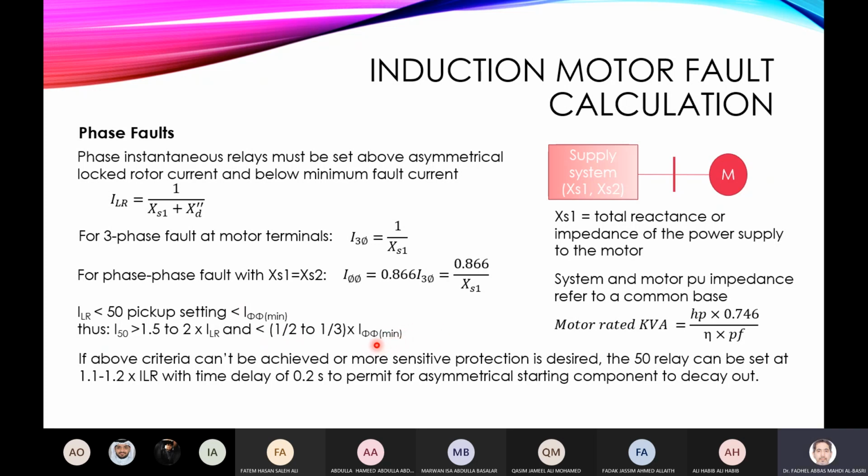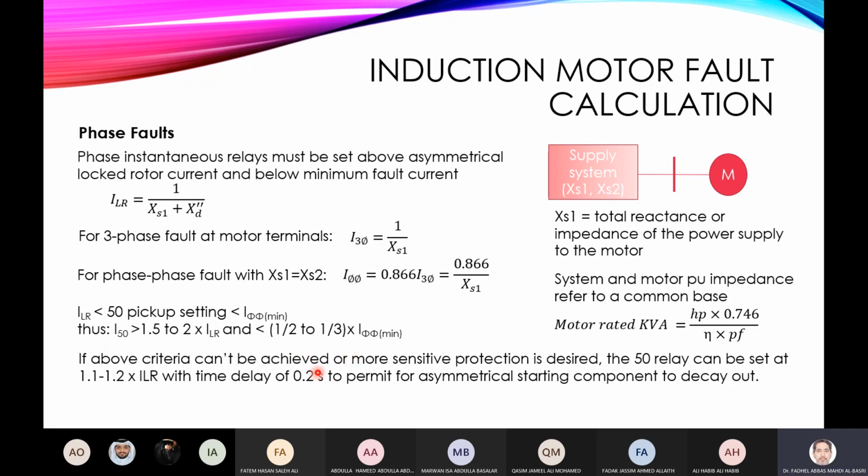In some situations, we might not be able to achieve this, especially if the fault level is very close to the lock rotor current. The minimum fault current is very close, which depends on the system impedance as compared to the total motor impedance.